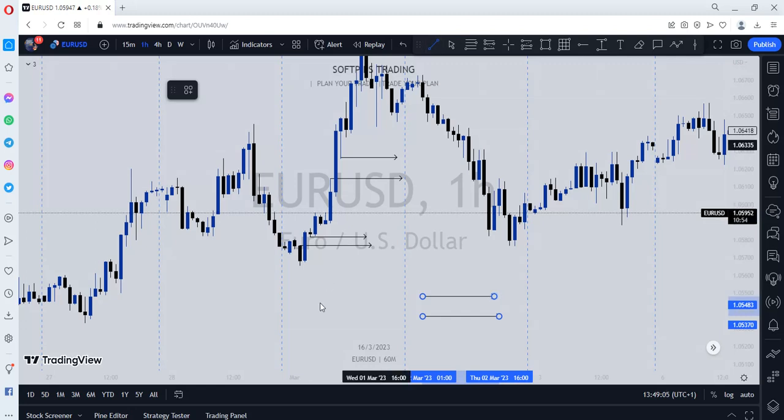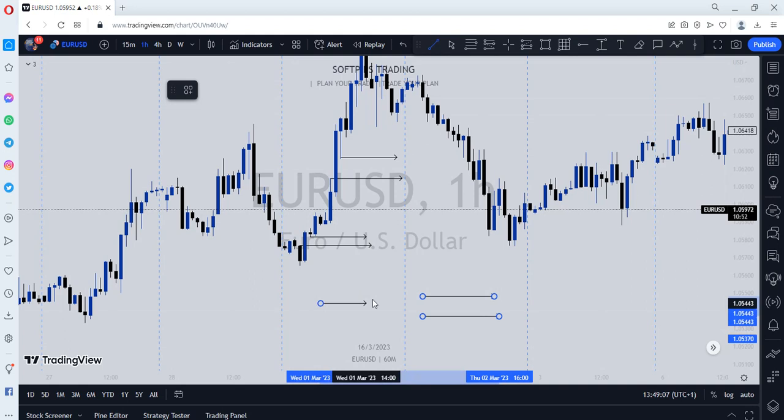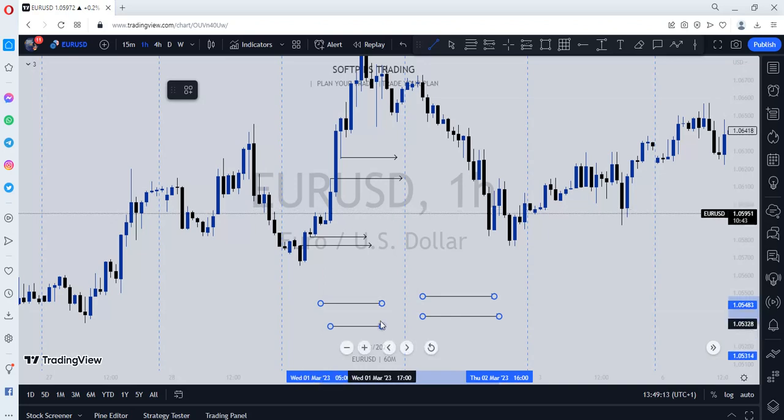I'll look for it as well and show you. I think I saw it on USD CAD on the daily. I'll still make reference to that. So this is another kind of fair value gap we have, where we have fair value gap on the left and fair value gap on the right.